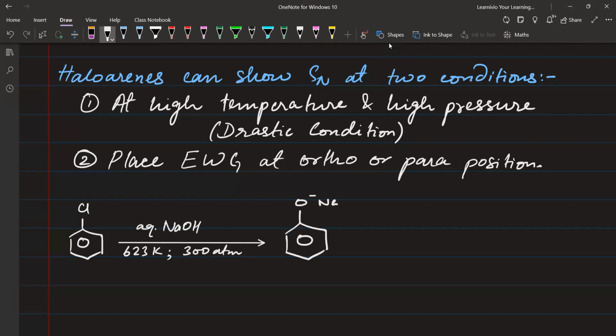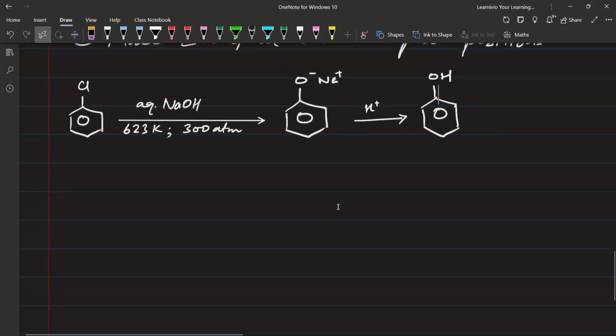First, it gets converted to phenoxide ion. Then, because it is a basic condition, if you add H positive, it will get converted to phenol. So high temperature and high pressure.